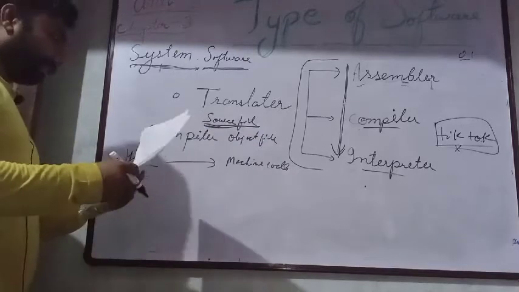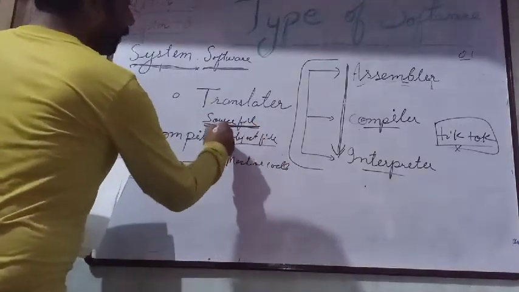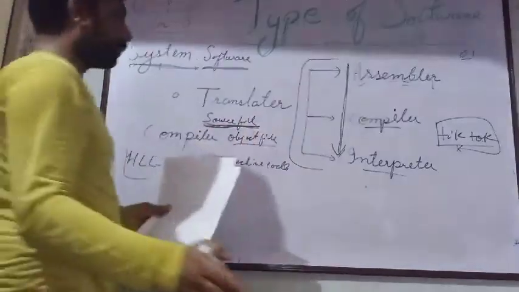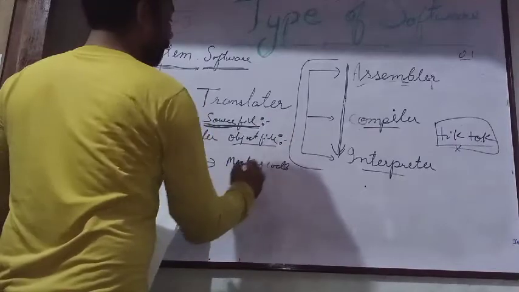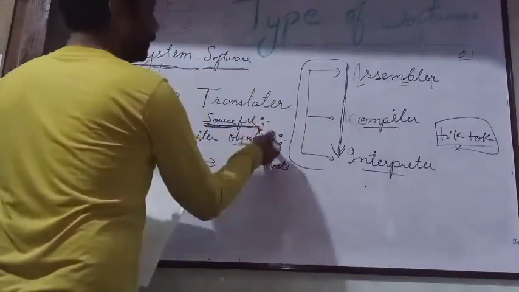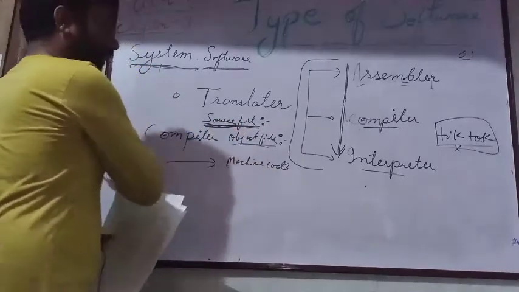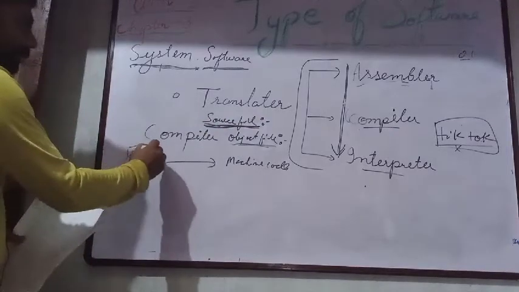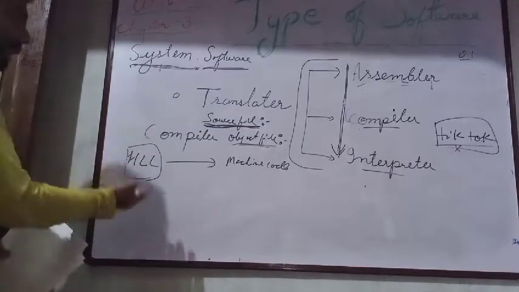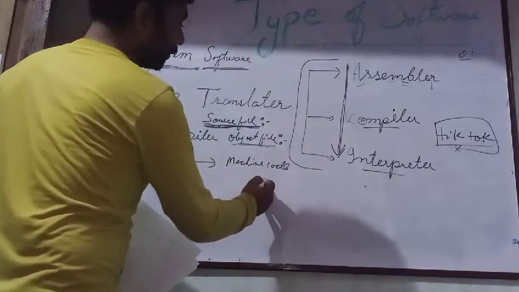So you should remember source file and object file; the definitions are also written in the book. After compilation you will get an object file, and before compiling any program it is a source file. Okay, what is a compiler? As I was telling you, a compiler translates high level language to machine code.